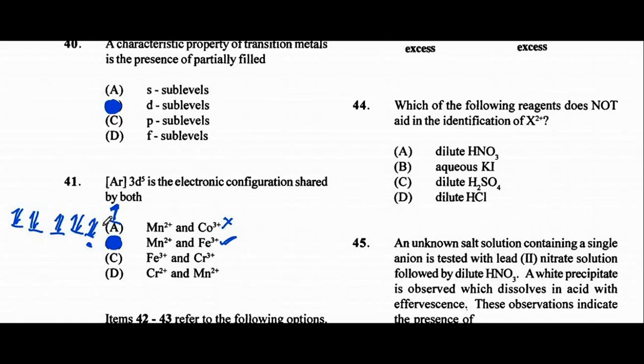It's the same for chromium, except chromium is half filled, it has 1, 2, 3, 4, 5 in the 3d instead of 10.